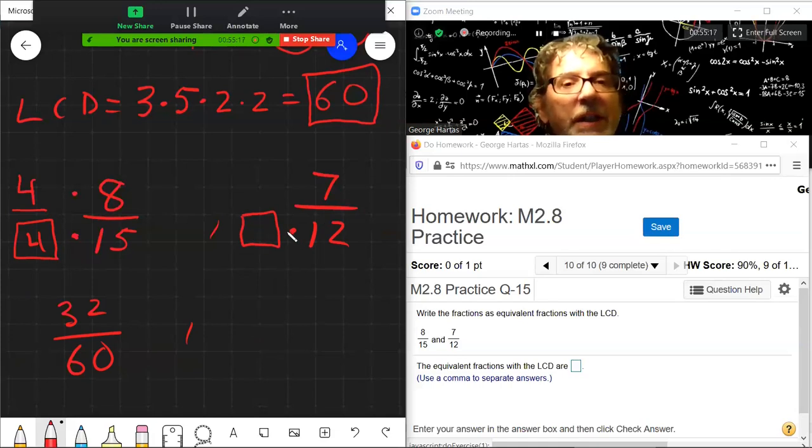what number times 12 is 60? And again, you can look here. Well, you know what? 3 times 4 is 12. Oh, so 12 times 5 then. 12 times 5 is 60.